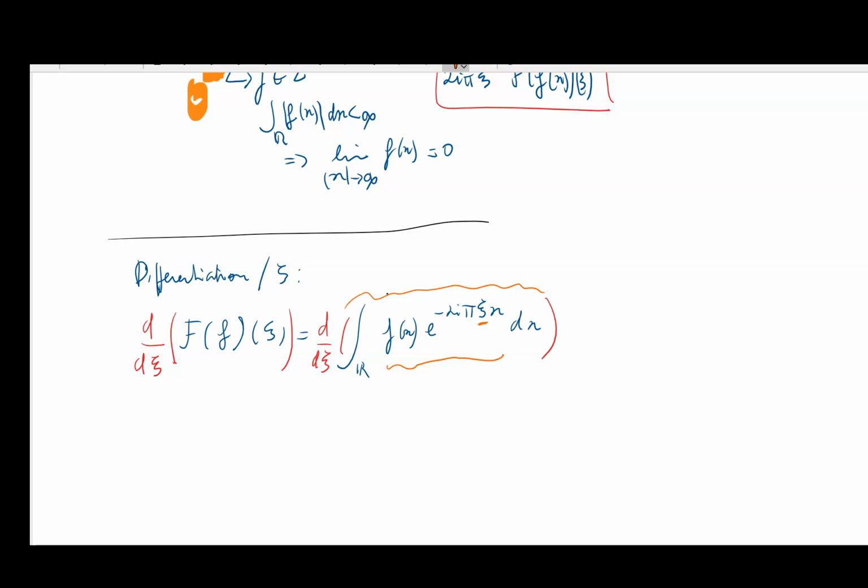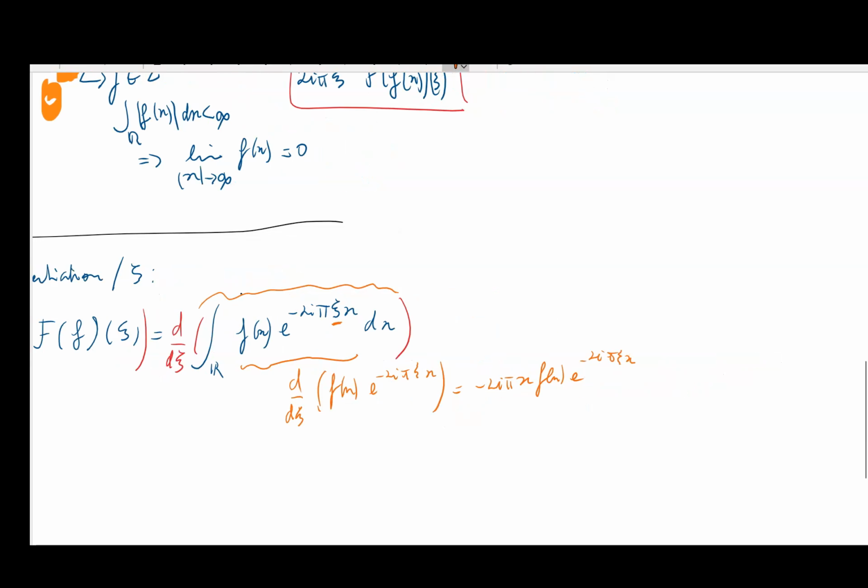The first condition, apart from existence of the integral, is that we need the derivative with respect to psi of that stuff, so d over d psi of f of x e minus 2I pi psi x, which gives us minus 2I pi x f of x e minus 2I pi psi x, to be in L1.